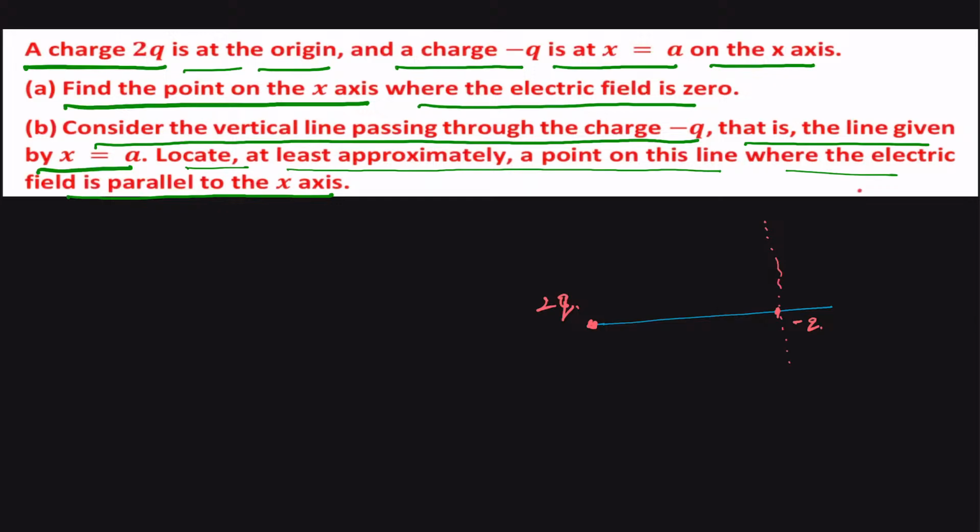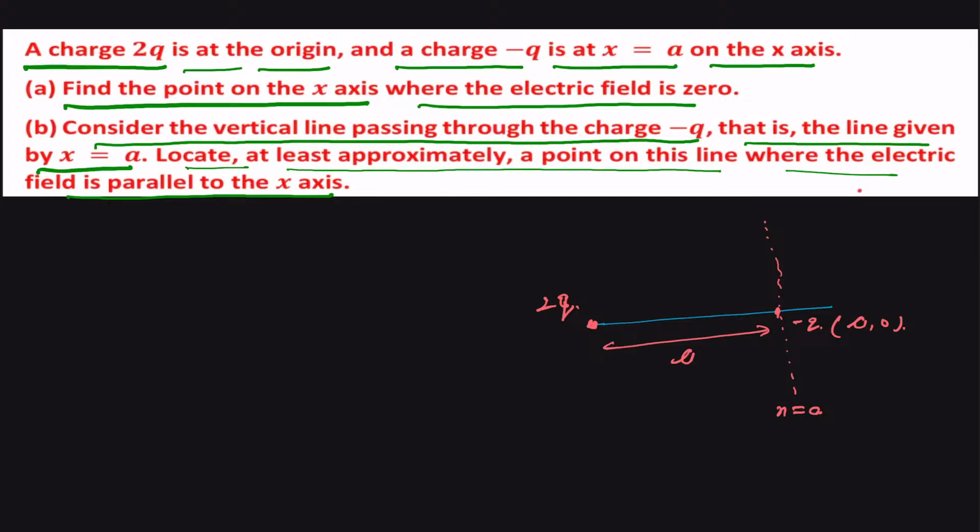This is the line at x equal to a. This distance will be our a, and the coordinate of this will be (a, 0). So this is the basic figure.